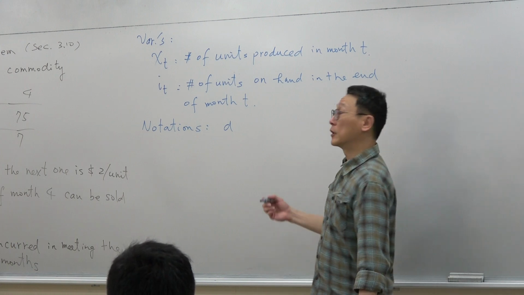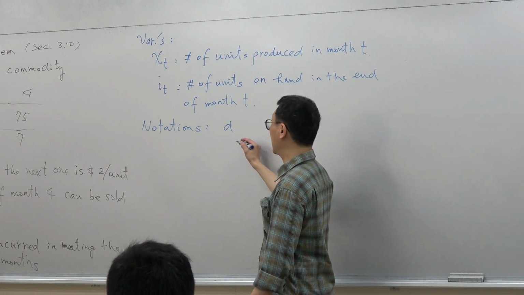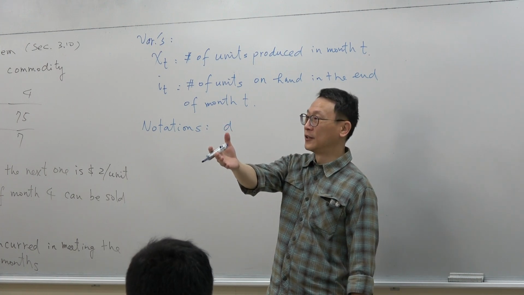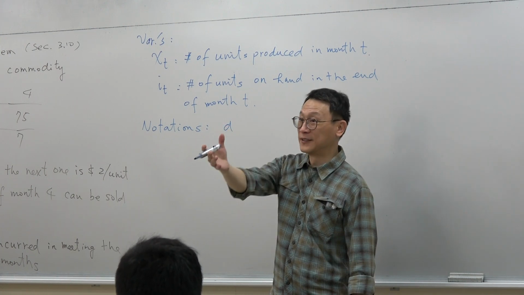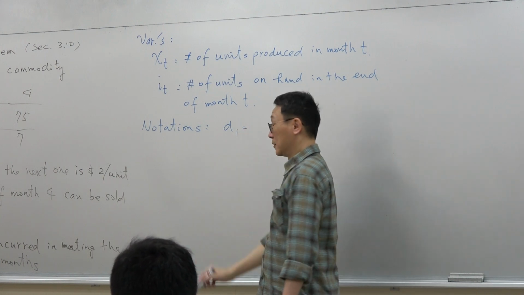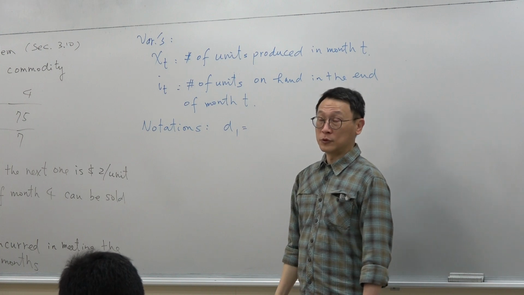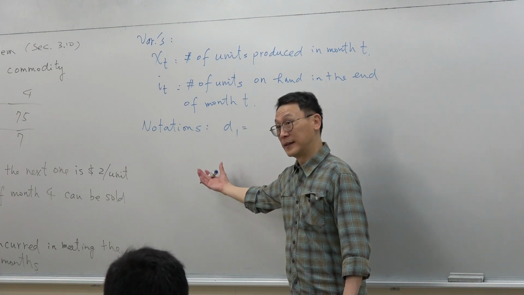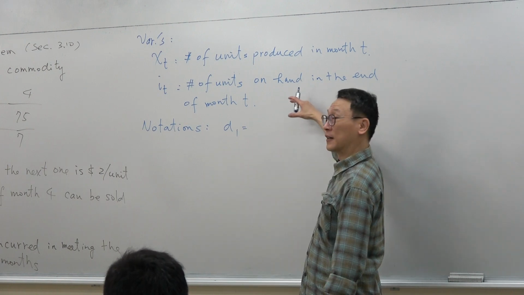Let me talk about the relation between I and x. That will be in our constraints, so we'll talk about it later. Before we do the formulation, we need to define our variables and notation. I already defined the variables.